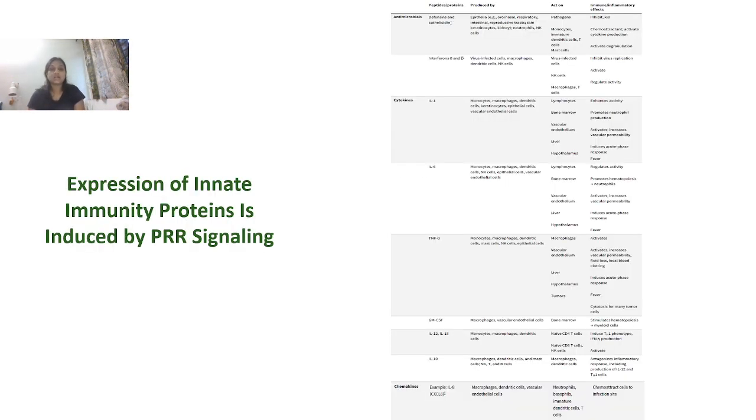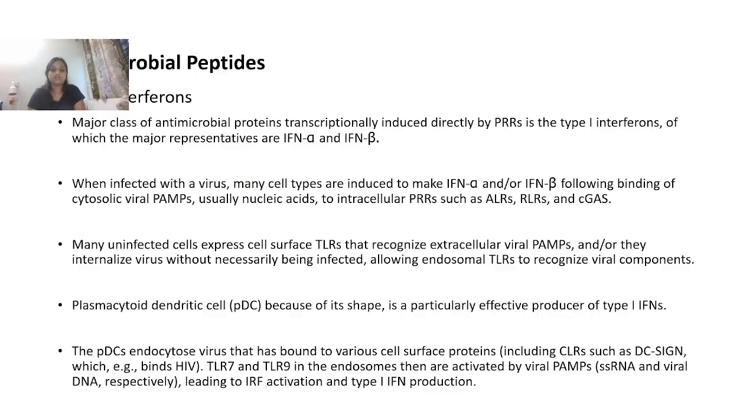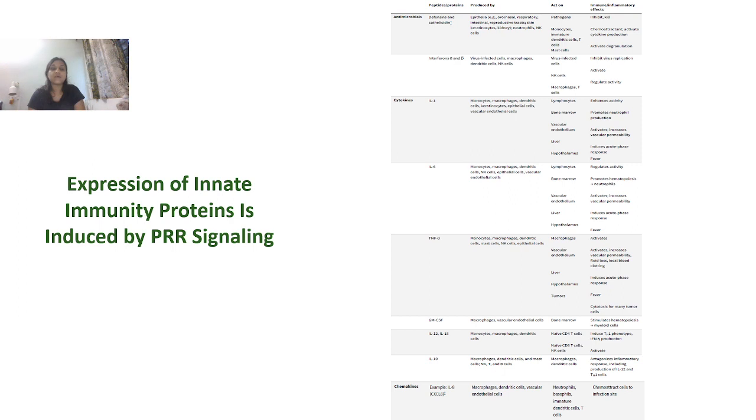So last week I was teaching about innate immunity and the different PRRs, or pathogen recognition receptors, which are involved in sensing pathogens. I'll continue that because it is a big chapter.